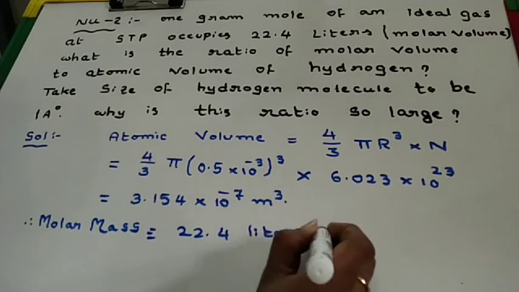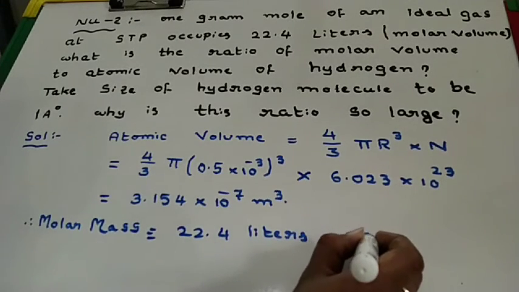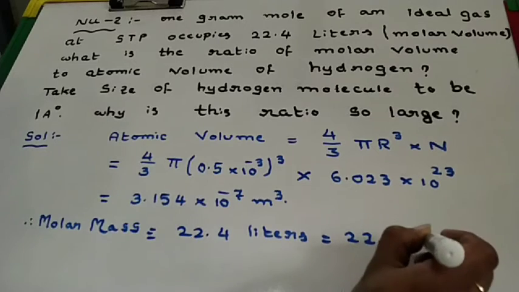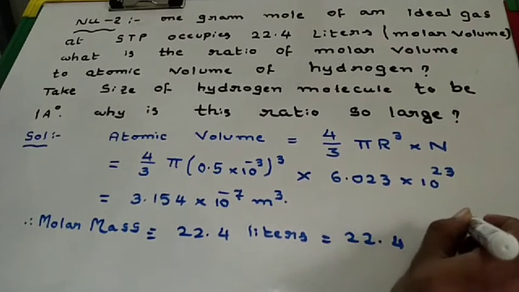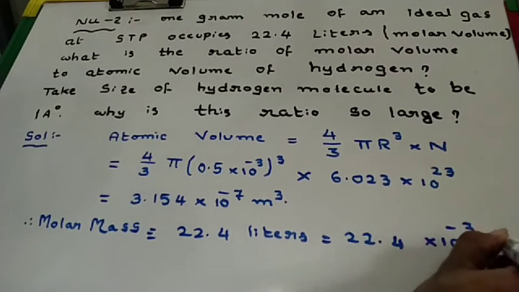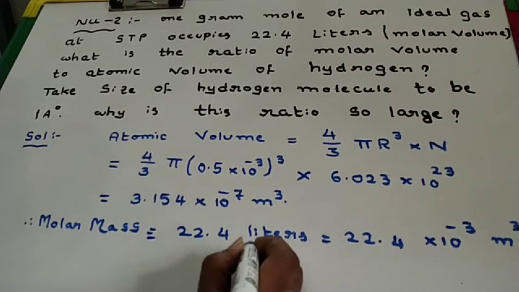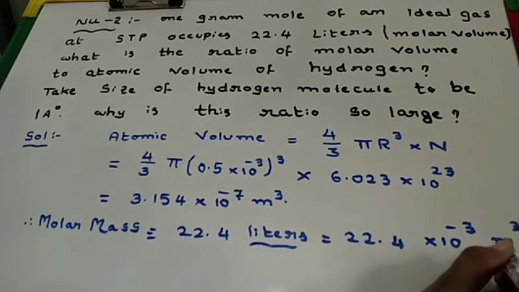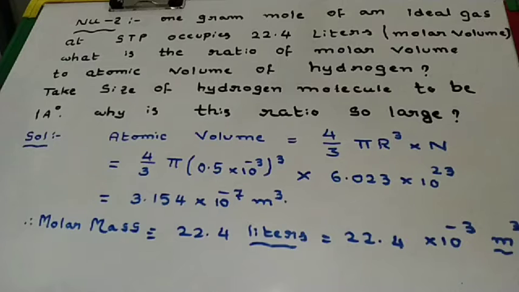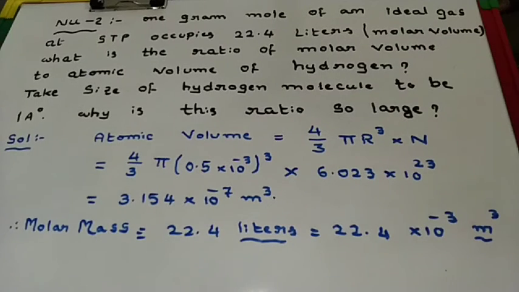So we have to write it as 22.4 into 10 to the power of minus 3 meter cube. That means the liters we have converted into meters cube.